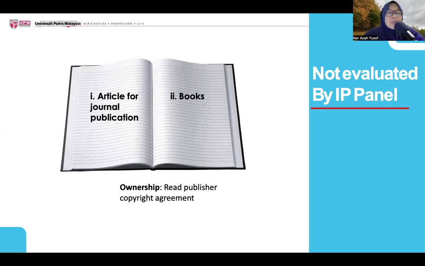So it will be owned by the publisher. That's why whenever you wish to copy certain pictures from the journal, you have to ask for approval from the publisher, not the author.